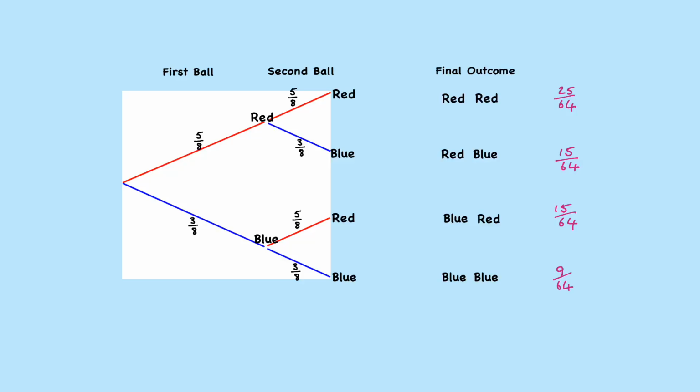So it is good practice to check that these 4 probabilities, as these are the only 4 options, add up to 1. So we have 25/64 plus 15/64 plus another 15/64 plus 9/64 is in fact 1. So therefore we have done our multiplications correctly.